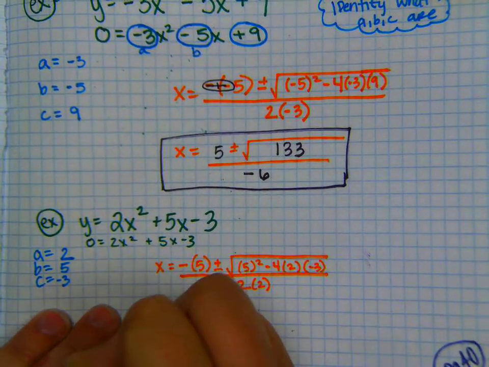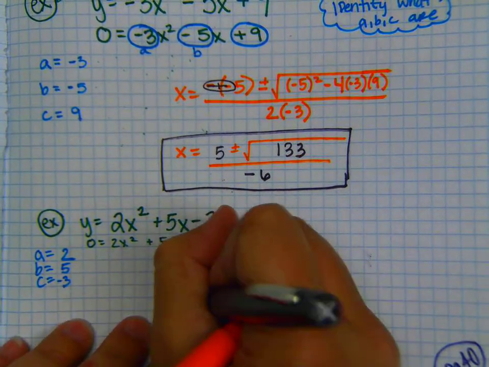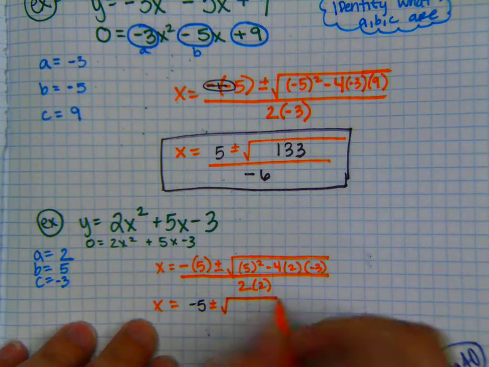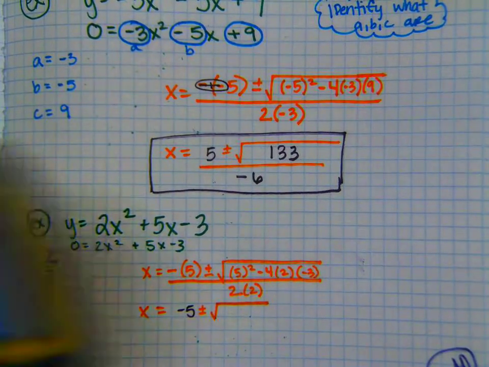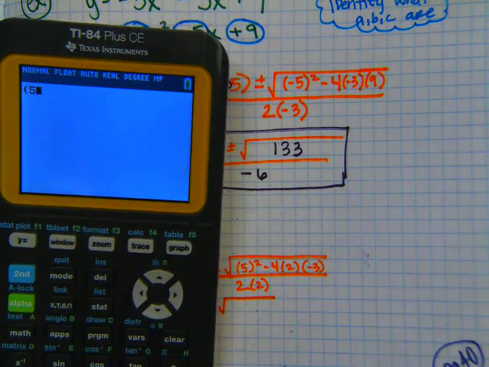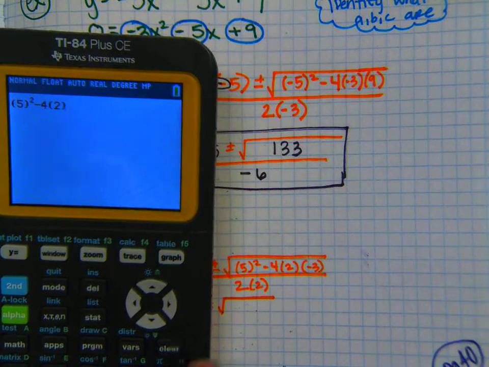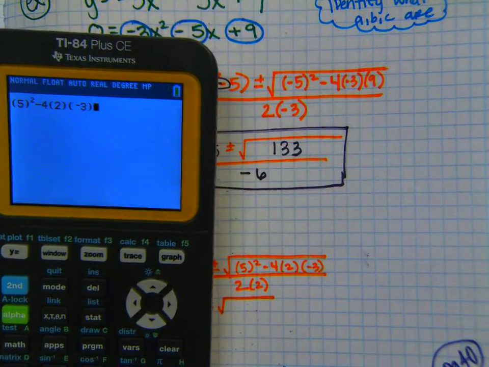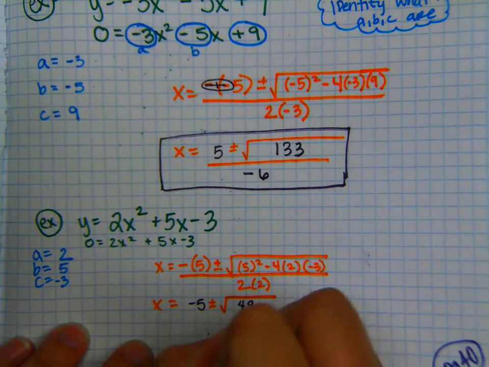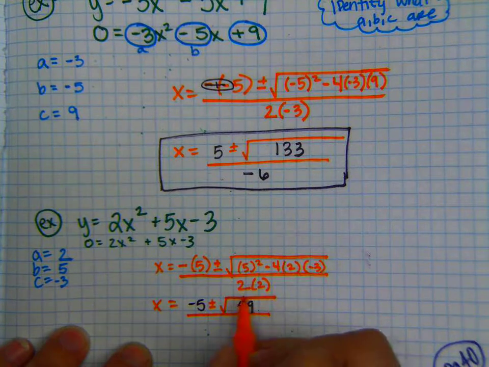So we're going to have x equals, well, here we have a negative 5 plus or minus the square root, and again, I'm going to plug that directly in my calculator. So I have 5 squared minus 4 times 2 times negative 3, 49, all over 2 times 2 is 4.